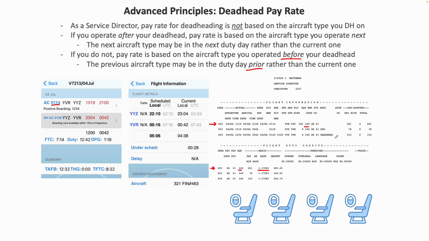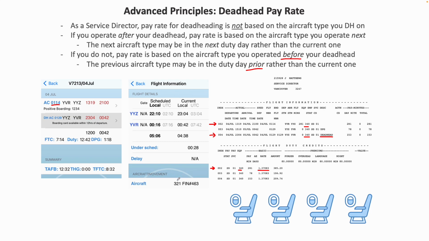As previously discussed, DPG, that's already been covered. What we're going to get at is the deadhead portion of the flight information here. So you will notice that it's been encoded in the 330 category.